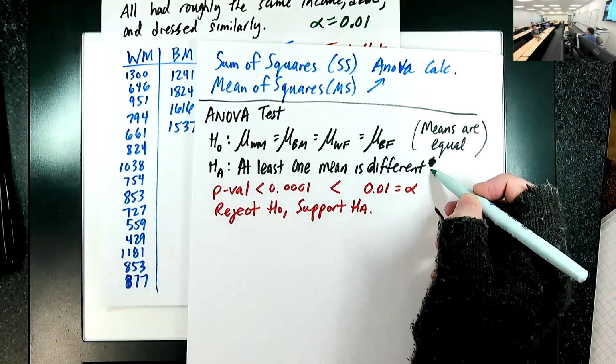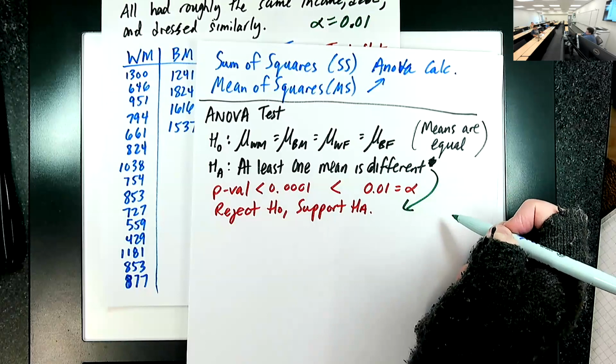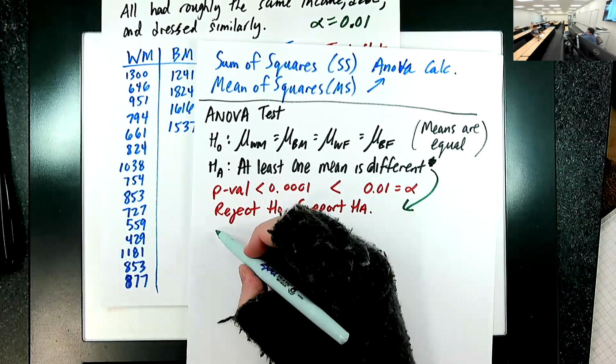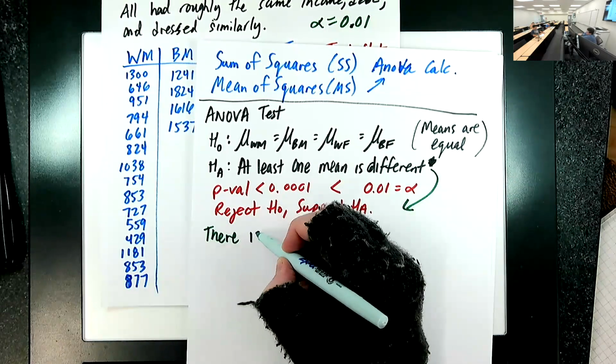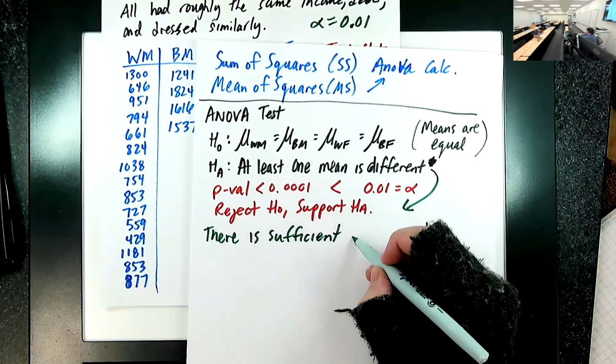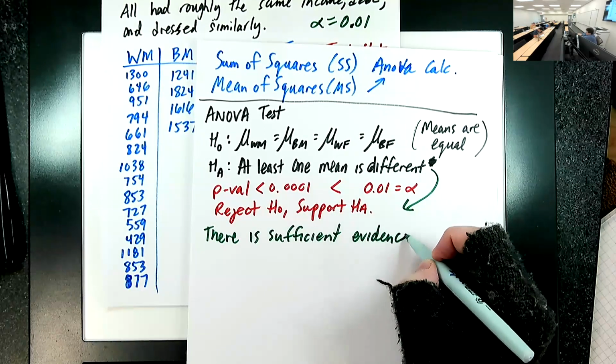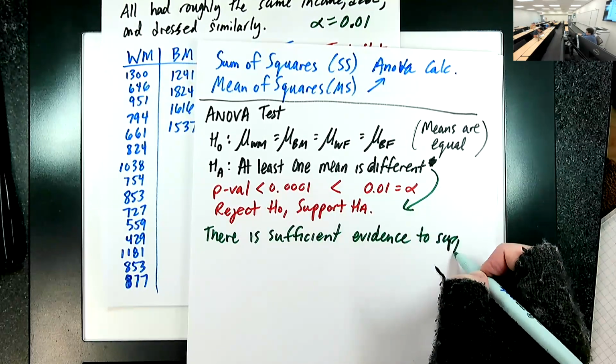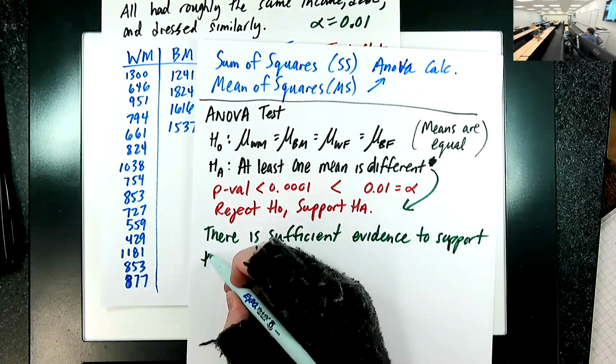So we're supporting HA, and HA is that at least one mean is different, which means there is sufficient evidence to support the claim.